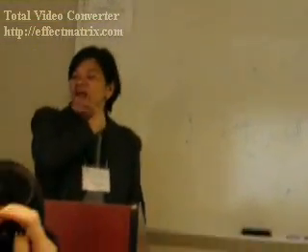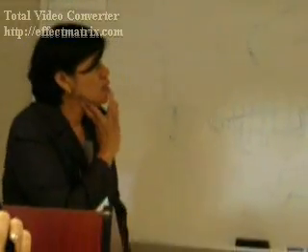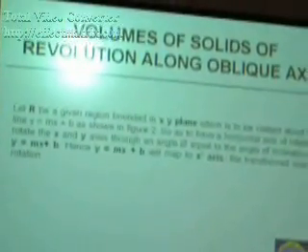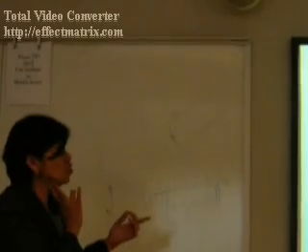So as I mentioned a while ago, if you have a region bounded in the xy plane which is to be rotated about the line y equal to mx plus b, that will be the rotation of axis, that is the oblique axis. So as to have a horizontal axis of rotation, rotate the x and y axis by an angle equal to the angle of inclination of the axis of rotation.